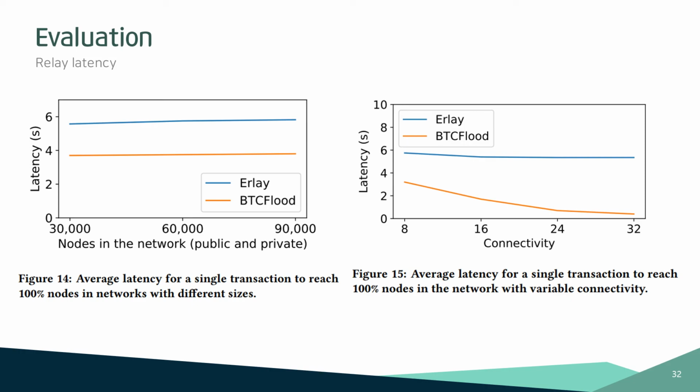This is the ratio in today's Bitcoin network, and Erlay has a constant latency overhead on top of BTC flood that is due to its use of matching. However, this overhead is just 2.6 seconds and changes at approximately the same rate with the number of nodes as BTC flood latency.